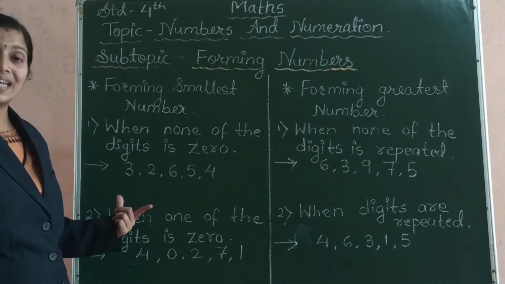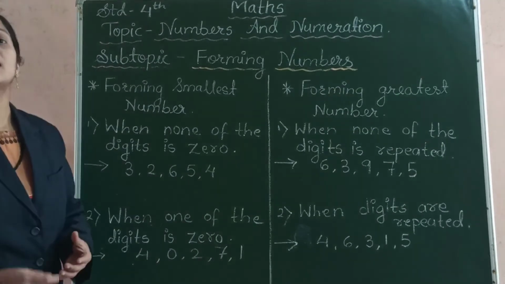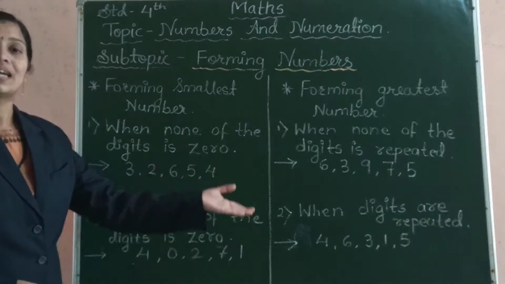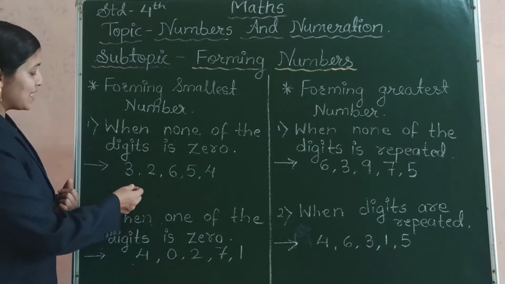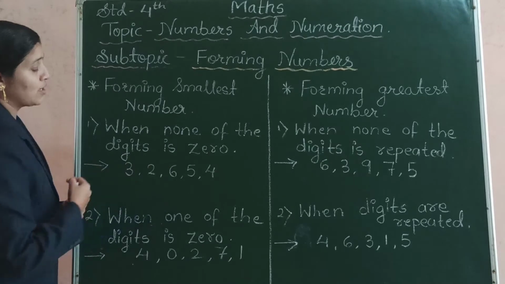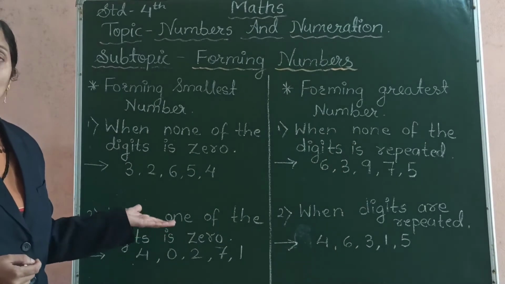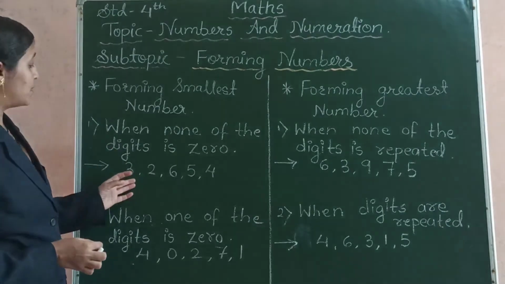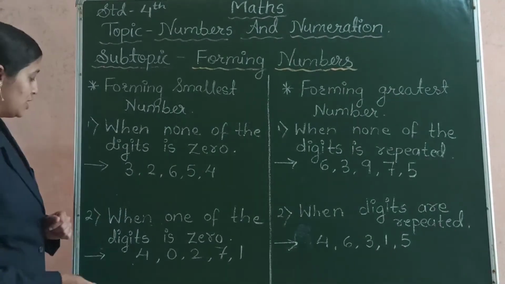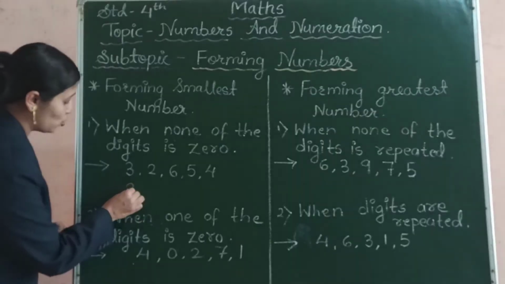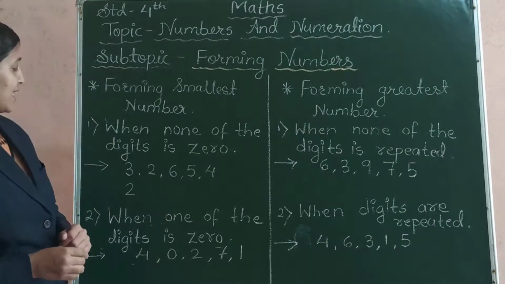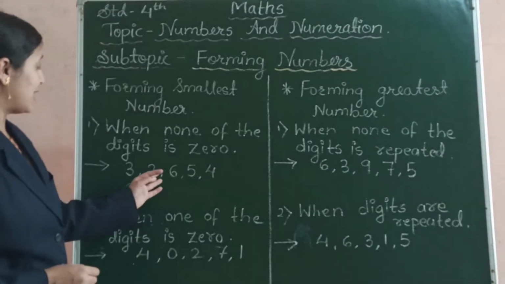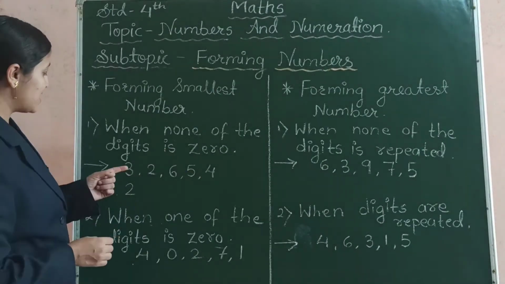So we have to arrange these 5 digits in ascending order, that is from the smallest towards the greatest. So can you see these digits? What do you think? Which is the smallest digit among all these? Yes, the digit 2 is the smallest among all these 5 digits. So we will place the digit 2 first. Next, the digit which is greater than 2 but smaller than the other digits is 3.